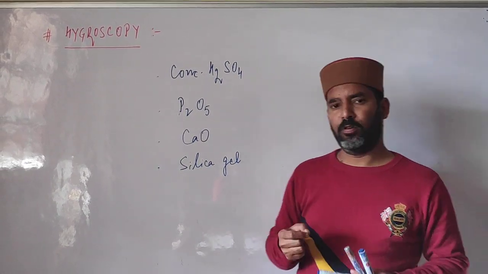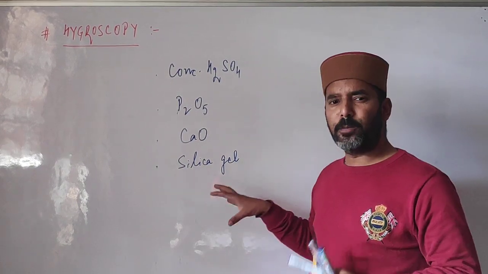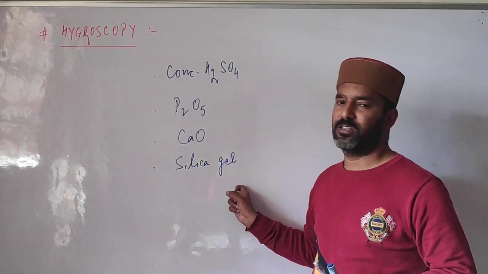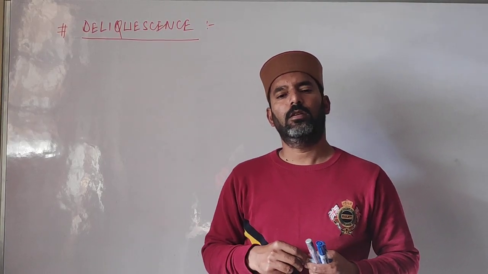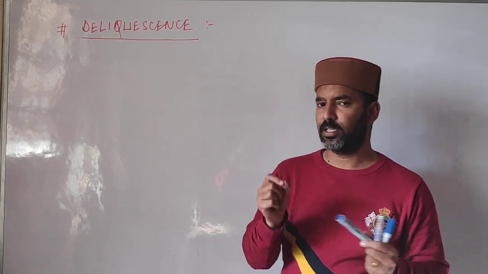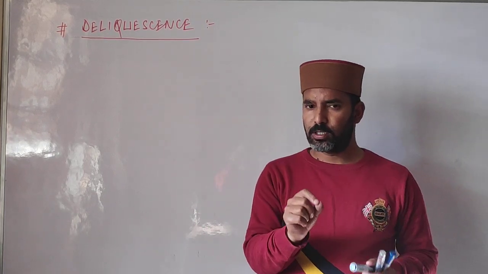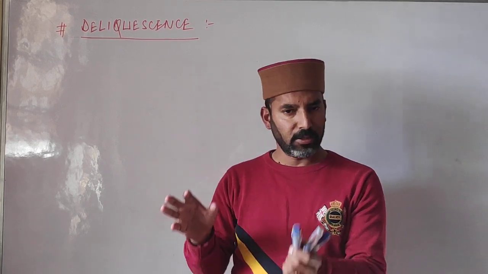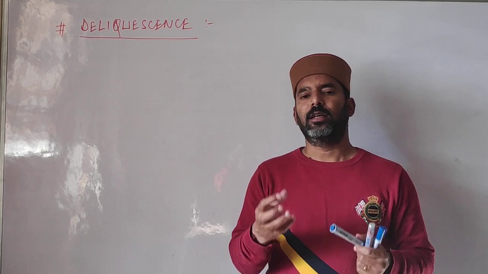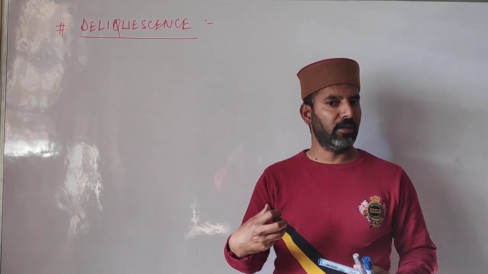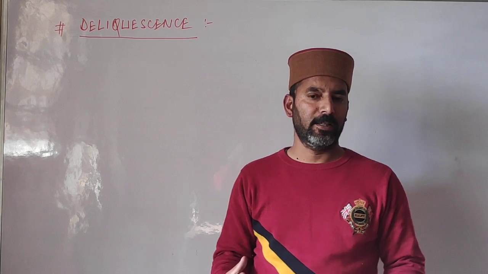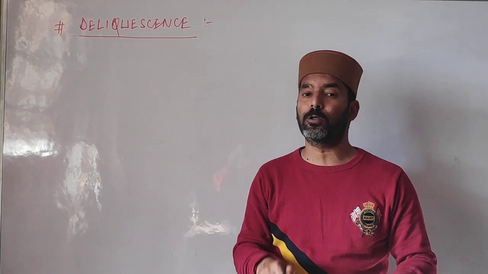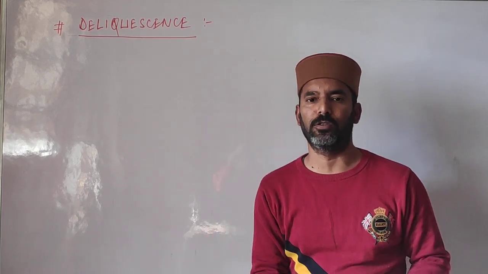Now students, we will discuss another similar property of some substances which is called delicescence. Dear students, what is delicescence? Listen carefully. Some salts or some compounds, when exposed to the atmospheric air, absorb moisture from the air and become wet, and ultimately they dissolve in the absorbed water to form a saturated solution.